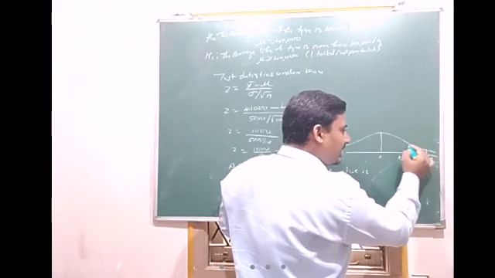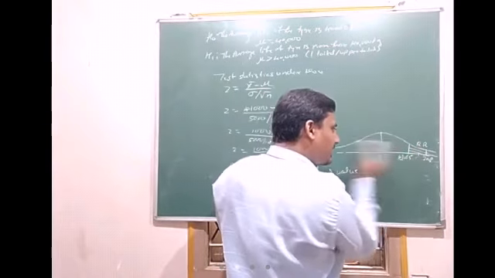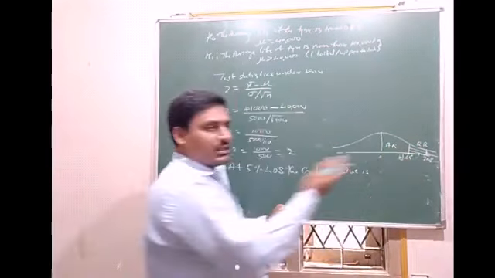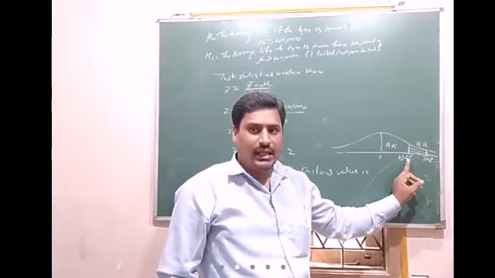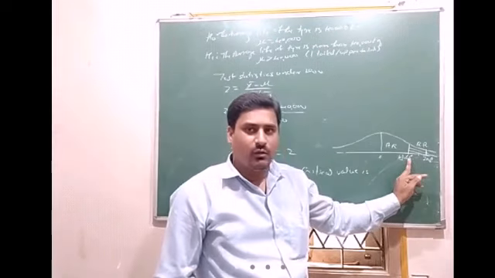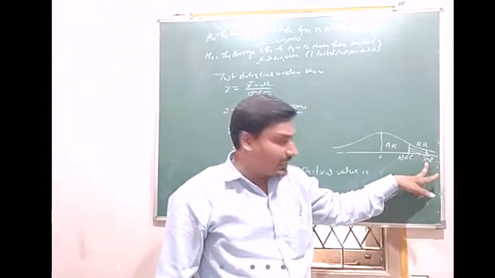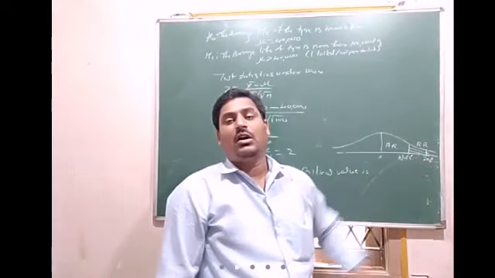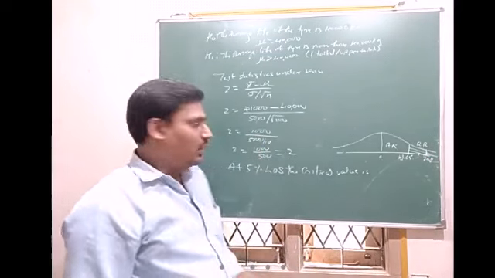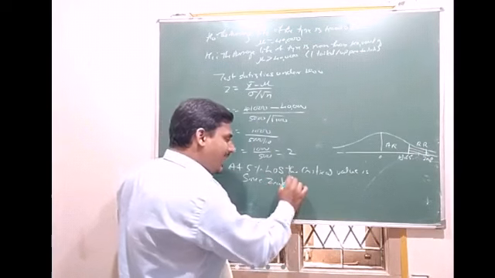So it lies in the critical region or rejection region, and this side is the acceptance region. The critical region K starts from here, 1.65 towards infinity, and our answer Z calculation lies in the critical region or rejection region.